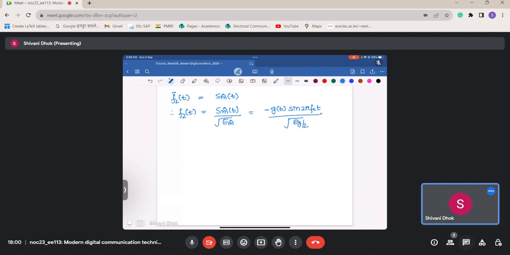So this comes out to be minus under root 2 by Eg gt sine 2 pi fct, and this is the second basis vector that we are having.